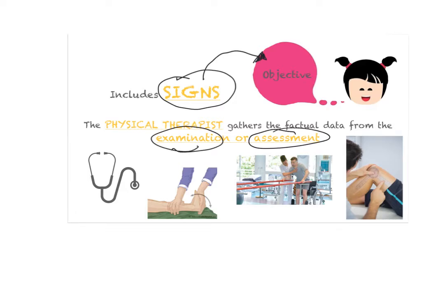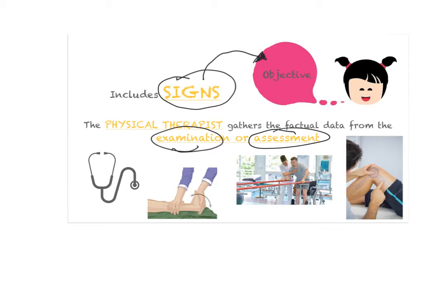So if all the subjective information comes from the patient, all findings written under objective will now come from the physical therapist. So what are the examples of findings documented under the objective heading?